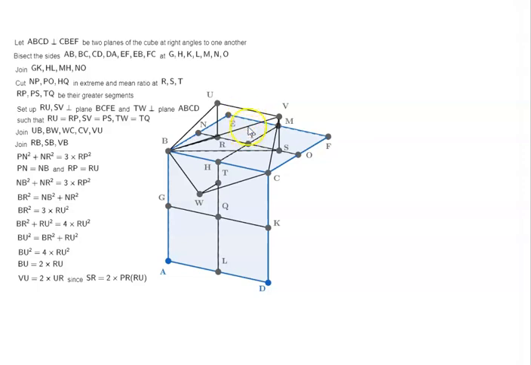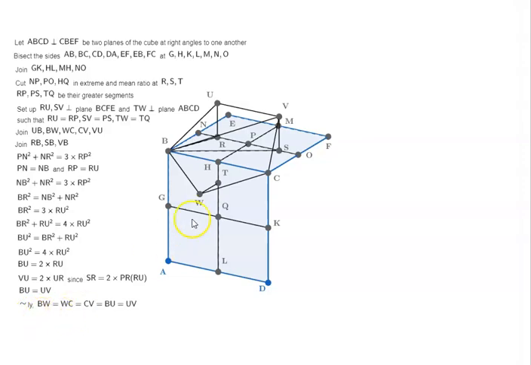So if we take the midpoint of UV, it will be perpendicular to the plane BCEF from P. So that means VU is equal to 2 times UR, since SR is equal to 2 times PR. So BU is equal to UV, since both BU and VU are 2 times RU.